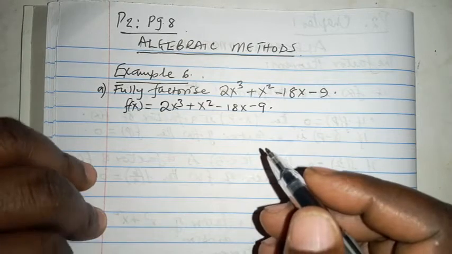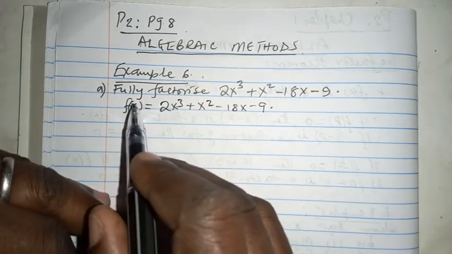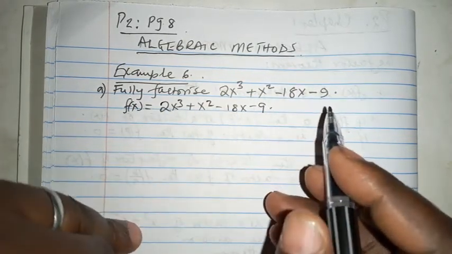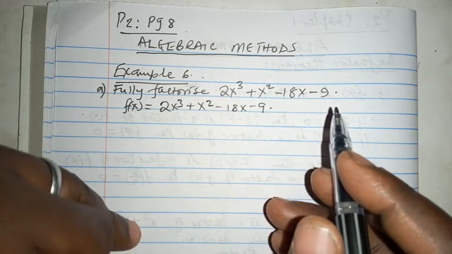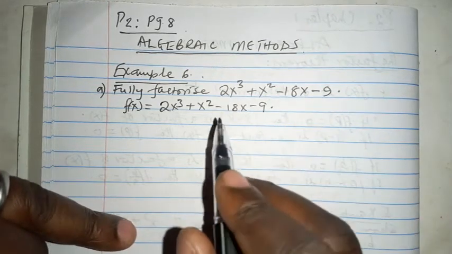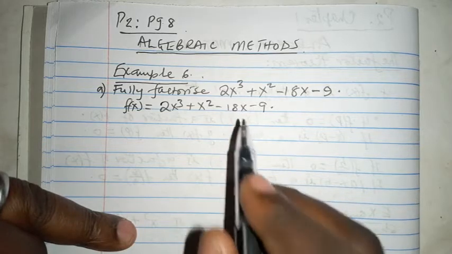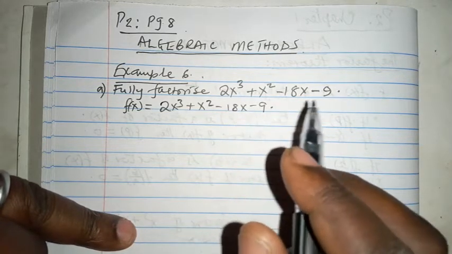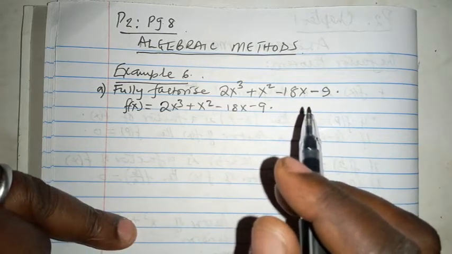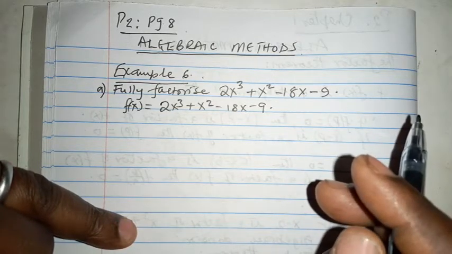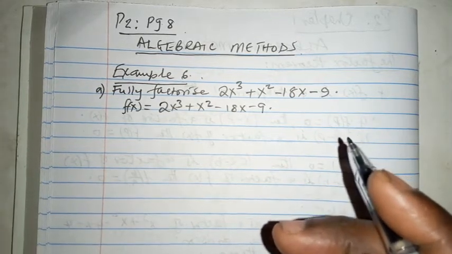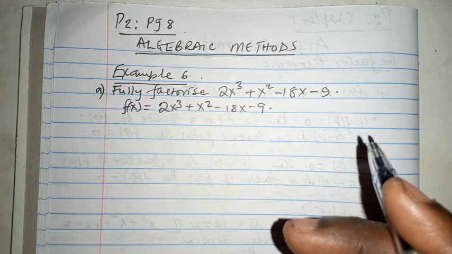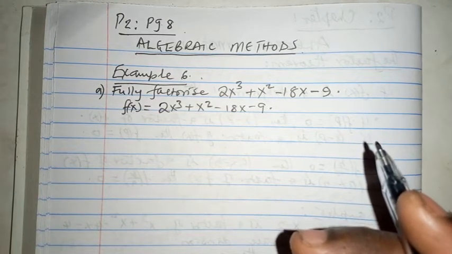When somebody tells you to factorize fully, they want you to first of all note a factor of this particular function, and you cannot know the factor if you don't know the approach. Of course, we've learned about the factor theorem.